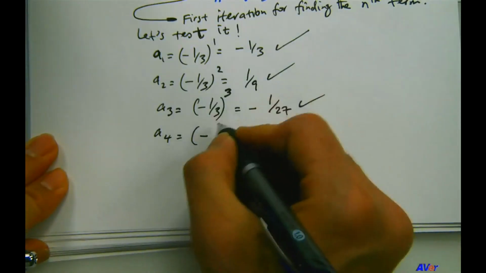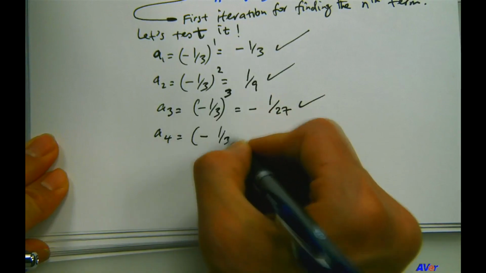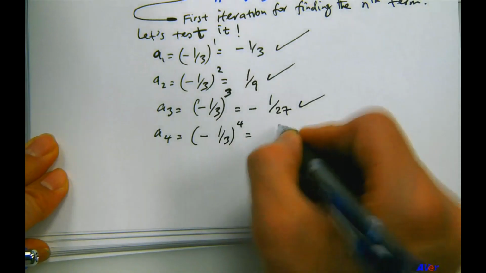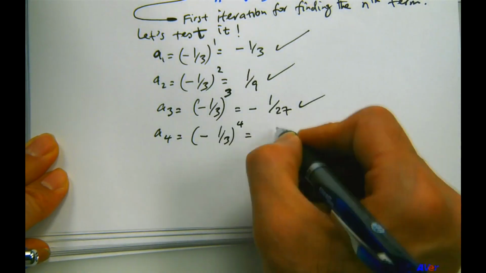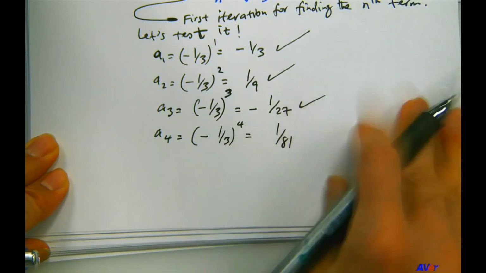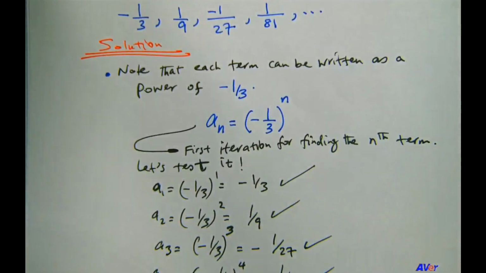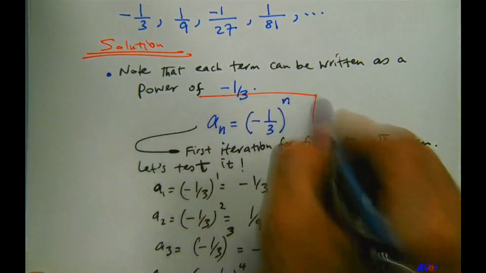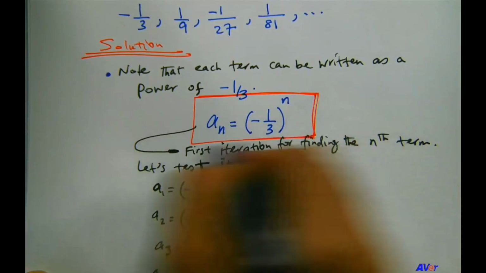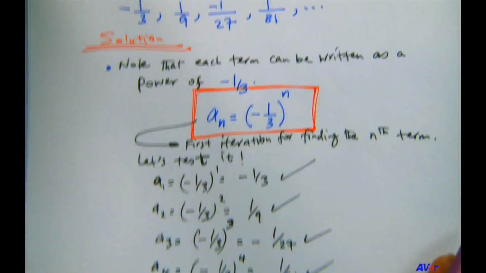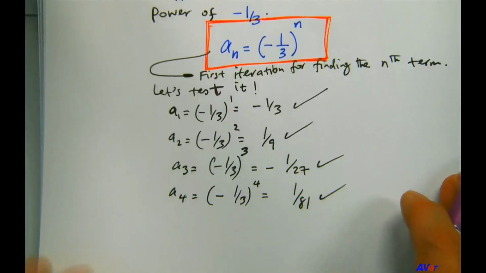Then minus 1/3 to the fourth power is positive 1/81. Is this what we have in the sequence? Yes. So we've tested it. Therefore, we can say that this is the final nth term of the sequence after we've tested it.